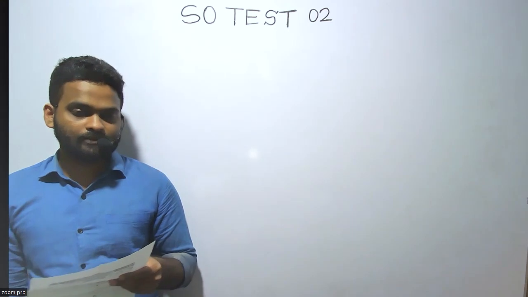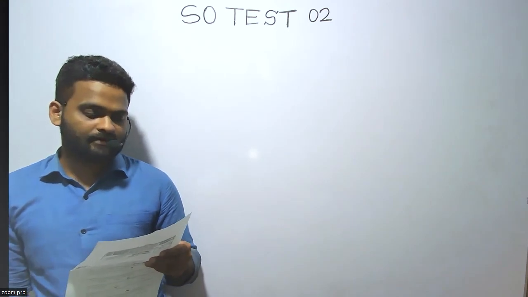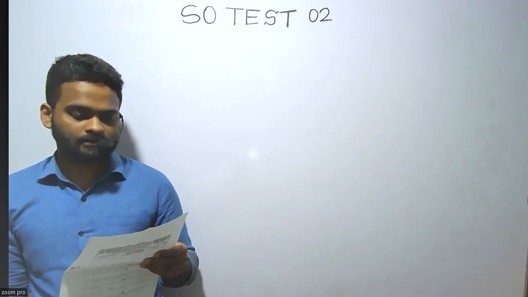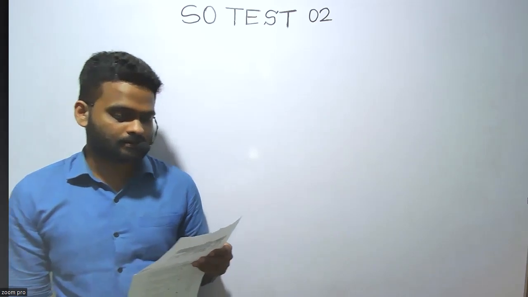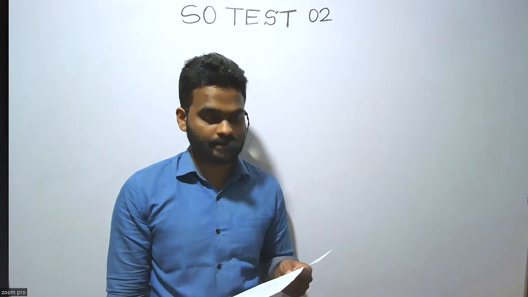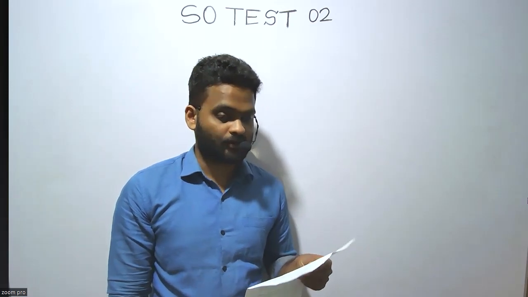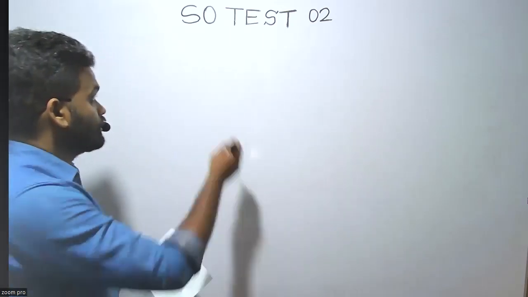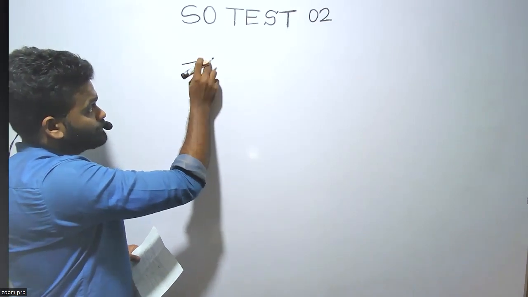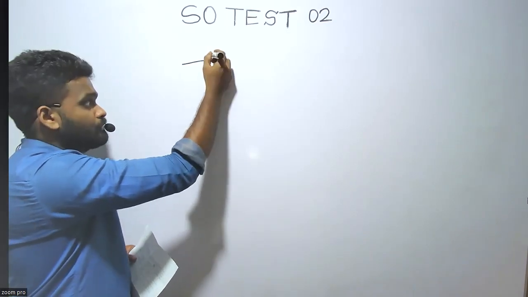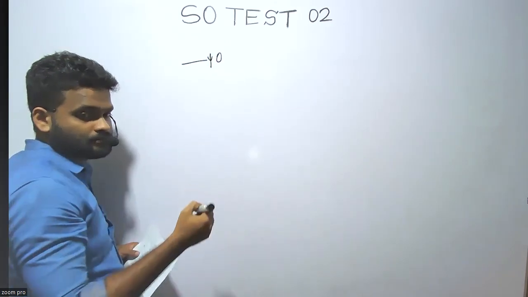Right, the next question. A man with a parachute free falls for 10 seconds and then falls to the ground with deceleration 5 meters per second squared for another 16 seconds. The height he dropped from the plane is. So let's say he's dropped from the plane here. Dropped means initial velocity 0.